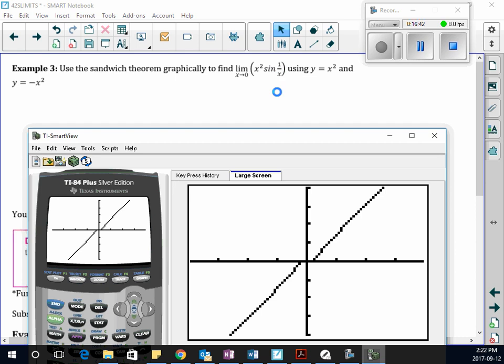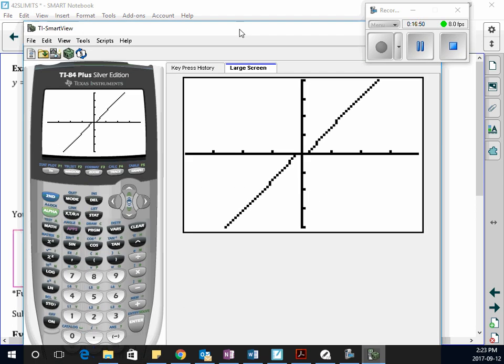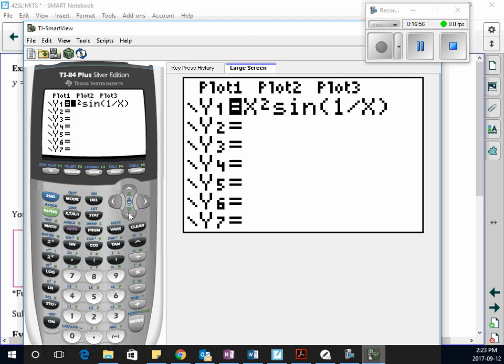So that means I can't find the limit, and you might say, oh, well, then the limit doesn't exist. Well, in calculus, when you least expect something to not exist, if you zoom in here, you'll see that something's going on in there. So now I'm going to go to y2, and I'm going to punch in x squared. And then y3, I'm going to punch in negative x squared.